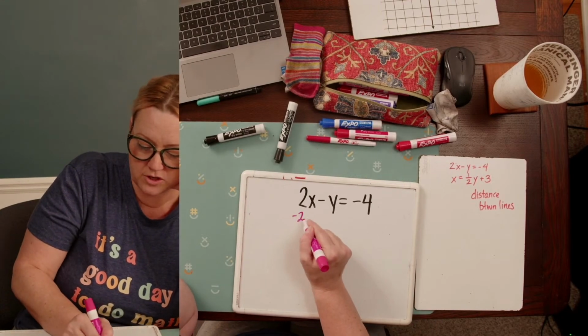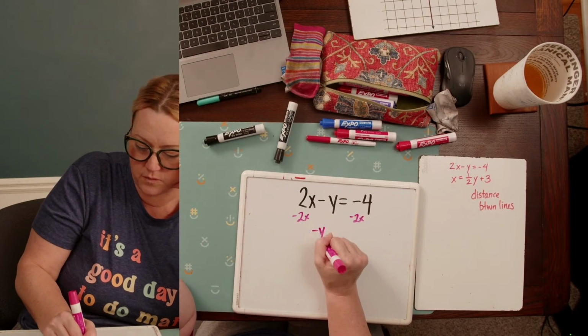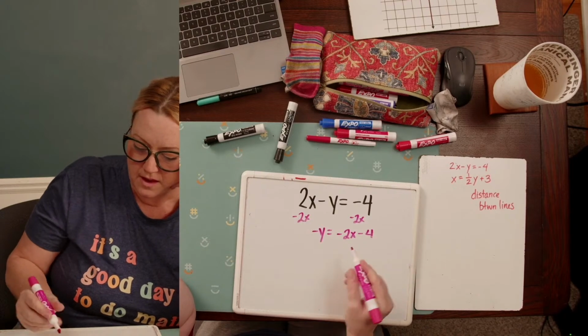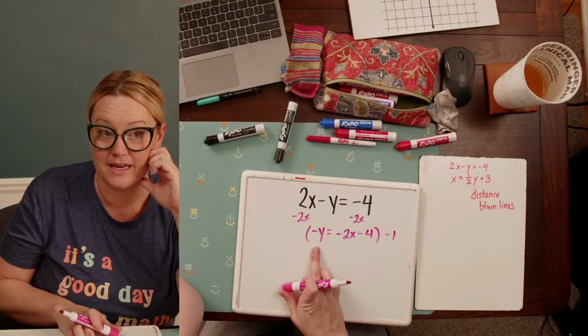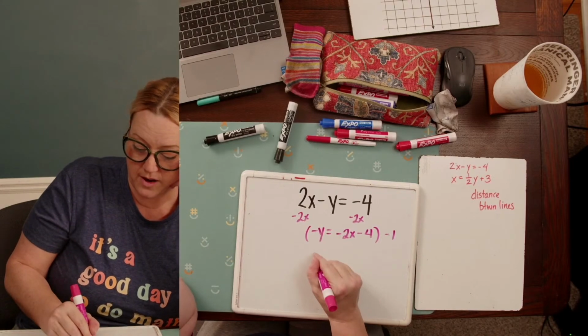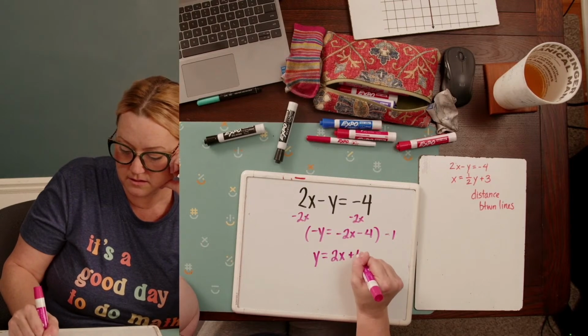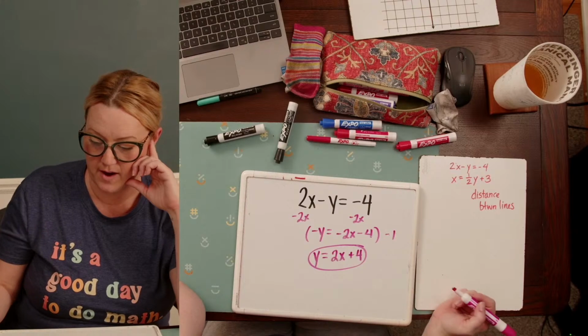So I'm going to subtract 2x from both sides, and I have -y equals -2x minus 4. I'm going to multiply everything by -1 because that y needs to be positive. So I have y equals 2x plus 4. So that I can easily graph, right?